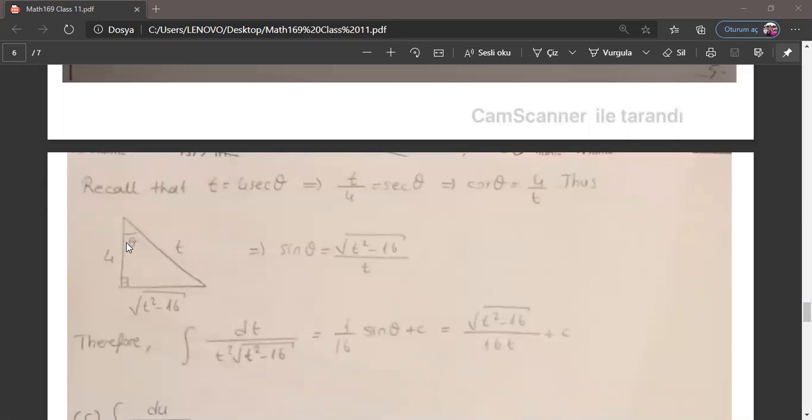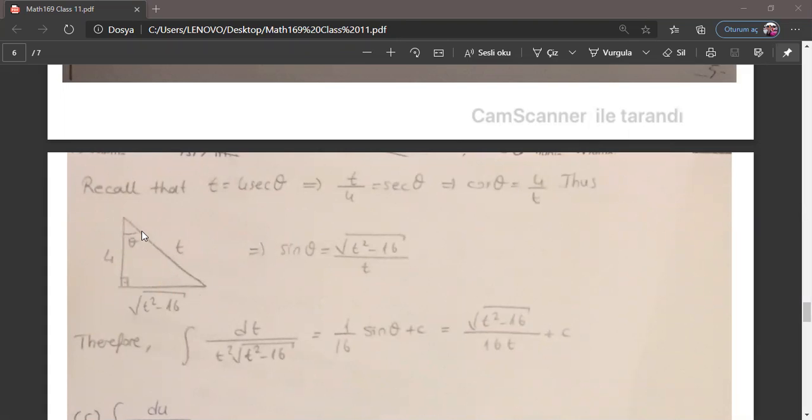Okay. Now, here we have theta, the angle theta. So if cosine theta is equal to 4 over t, then this side should be 4 and this side should be t. Then the Pythagorean theorem says that this side should be of this length. Okay.